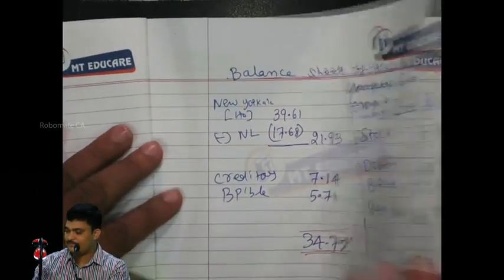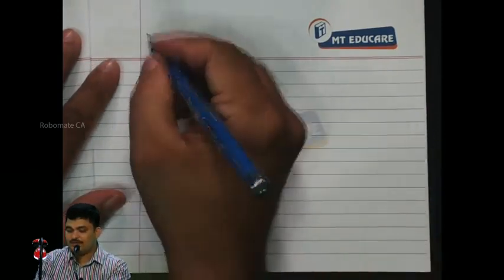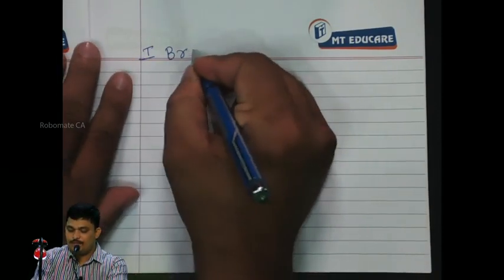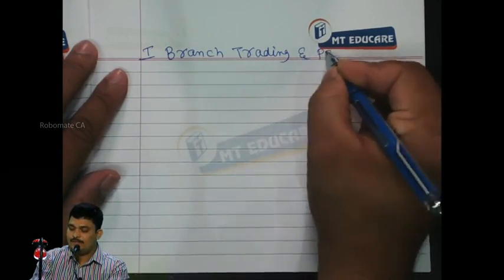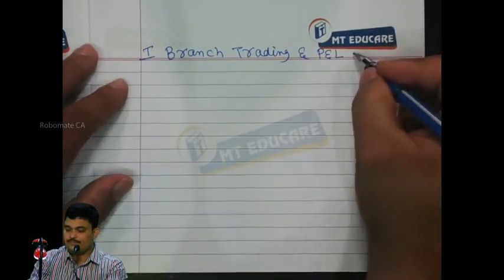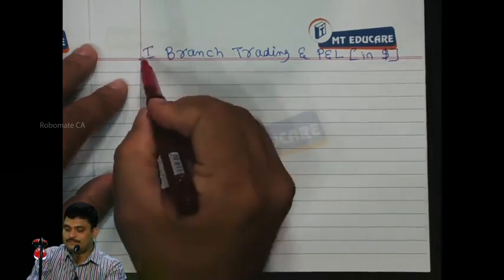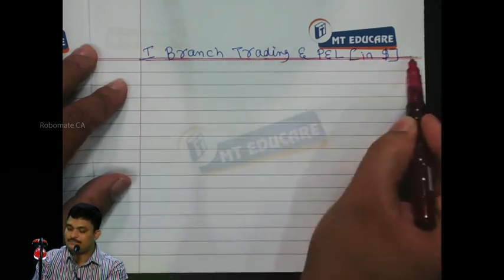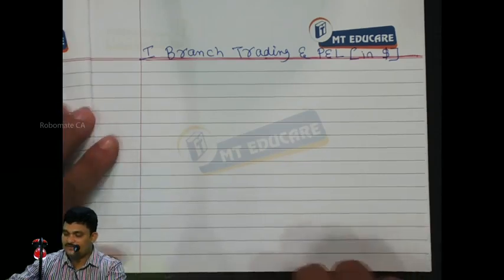Let us first prepare the branch trading and profit and loss account in dollars. The first part of the solution.